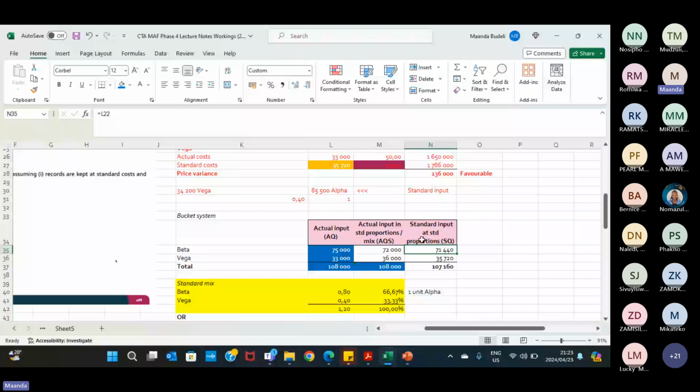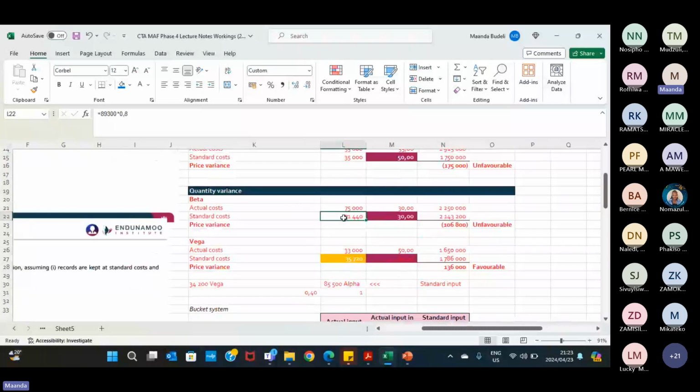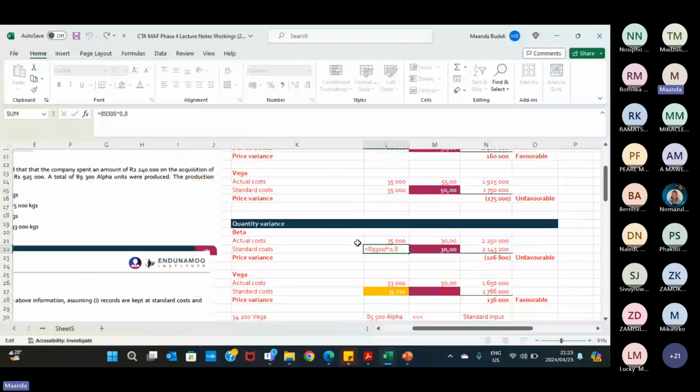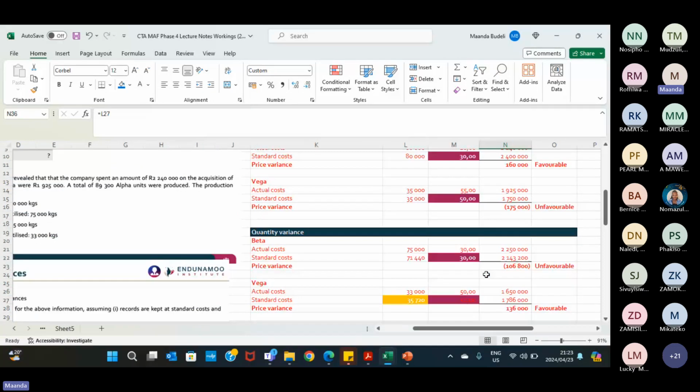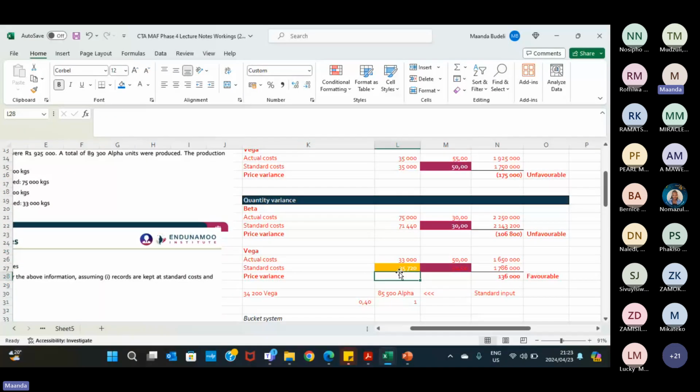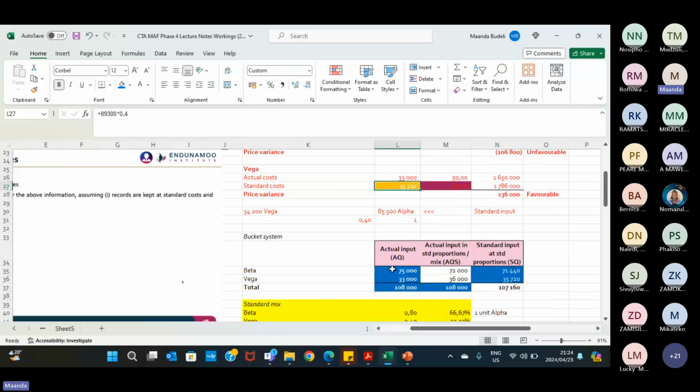So the standard price, if we multiply by the actuals, this becomes what we will need in terms of the standard price, in terms of our units. So we're going back to take these amounts here, which is the quantity for standard that we will use for our standard, right?